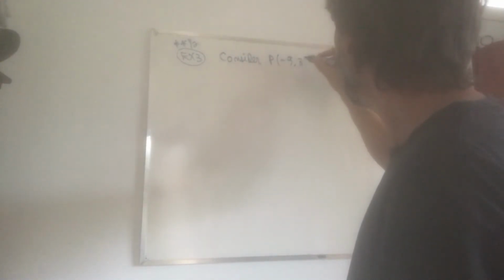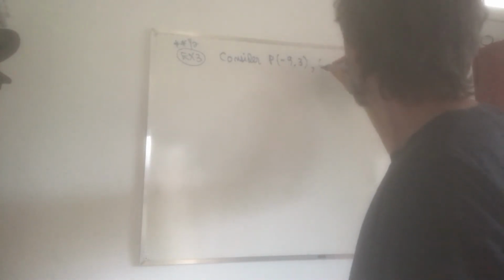Example 3. I don't see how I can give this example more than 2.5 stars. So I prepared something here for us. Example 3. Consider the point P, which is minus 9, 3.